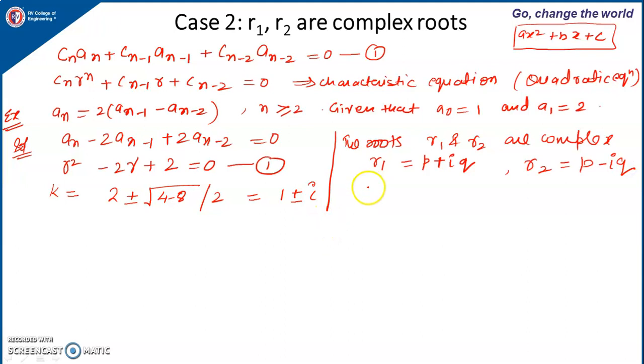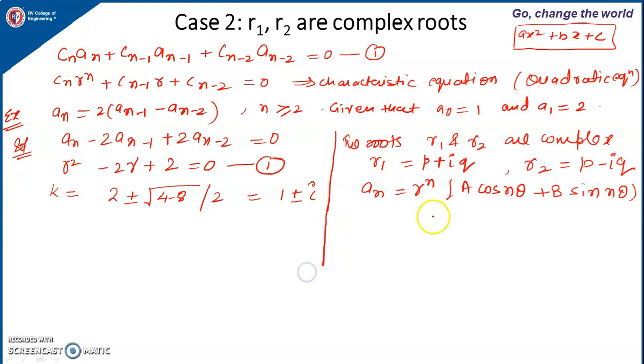Then an is equal to r power n times A cos n theta plus B sine n theta. This is the solution to the recurrence relation.